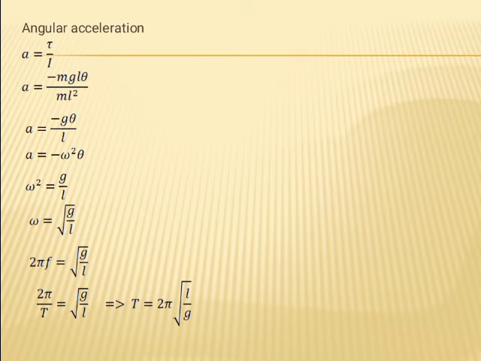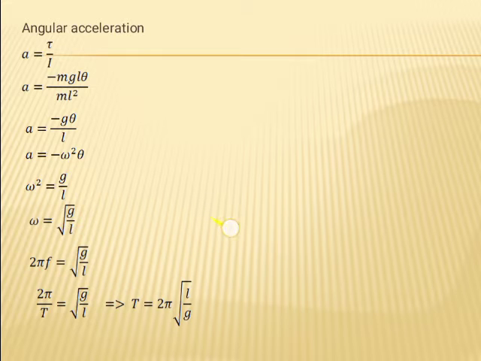So why is there a negative sign here? Why did you get the negative sign? Before going to the negative sign, substitute the tau value here and the I value here. And what is this negative symbol? It is the restoring force, which is opposite to the displacement, right?